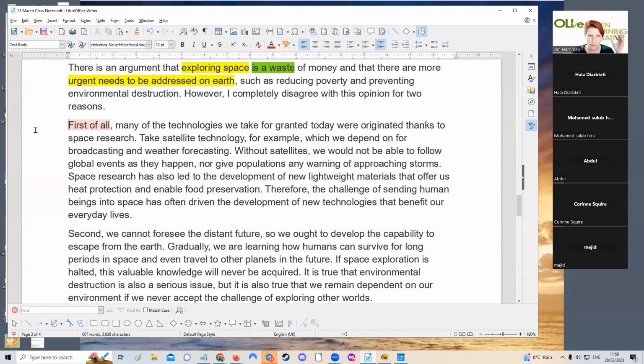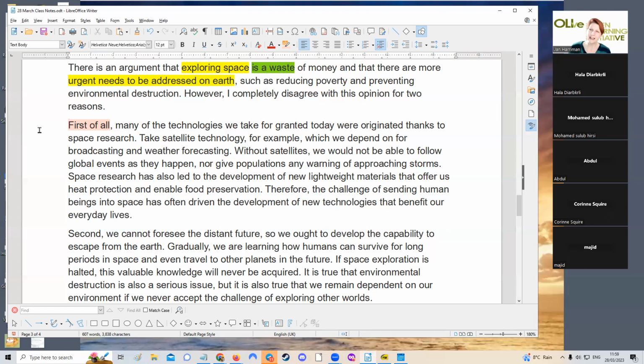Right? Remember, as well as seeing what their arguments are, we're looking for all of those words and phrases that we just went over. Okay, so they've done a great job. The first paragraph starts with, first of all, my first point.